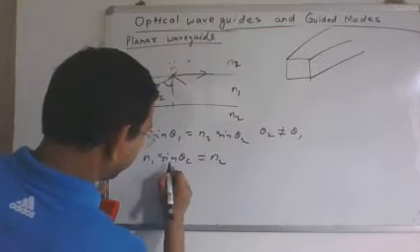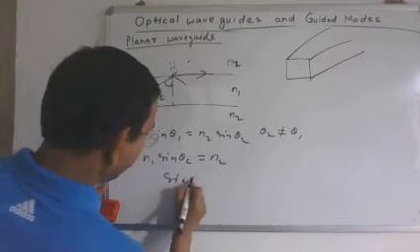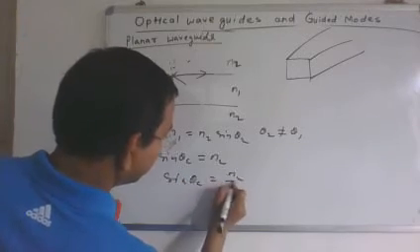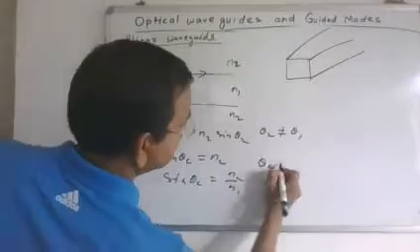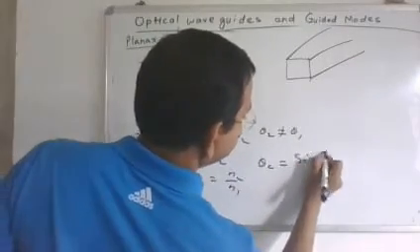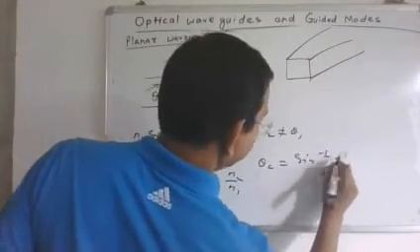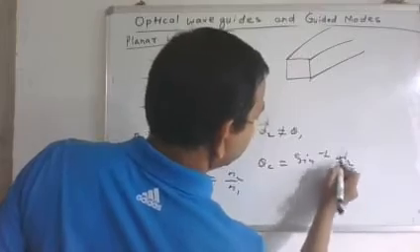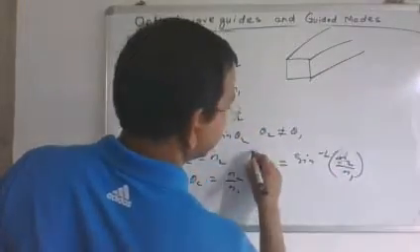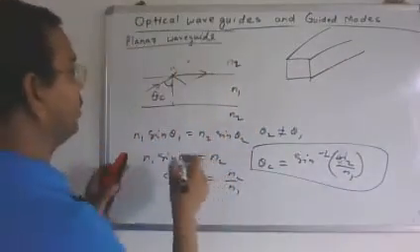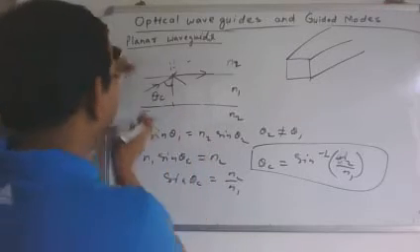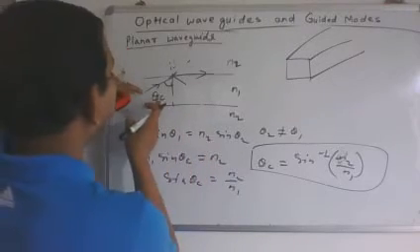So sine theta c is equal to n2 by n1, and theta c is nothing but sine inverse n2 by n1.